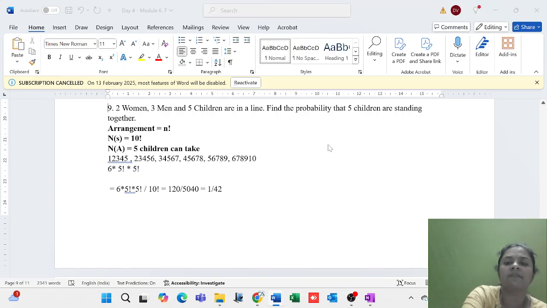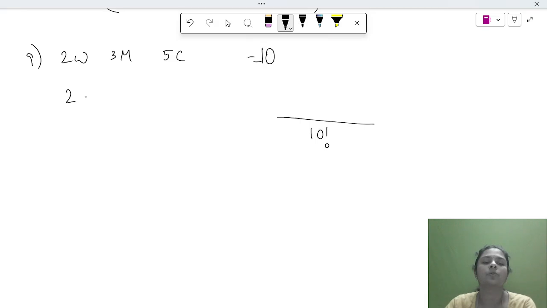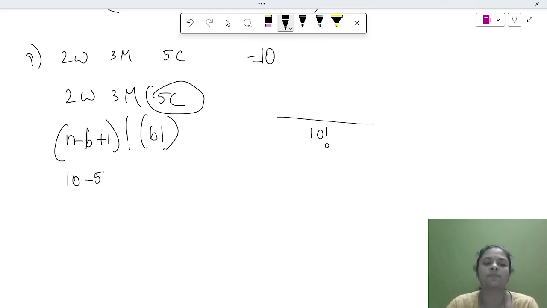Find the probability that the 5 children are standing together. Together means it is a block. So 2 women, 3 men and this 5 children is a block. So totally, what is the rule for block? In permutation combination, we would have learned this block rule: n minus b plus 1, the whole factorial, into block factorial. So n minus b: total 10 minus block 5 plus 1, factorial, into 5 factorial, block factorial.